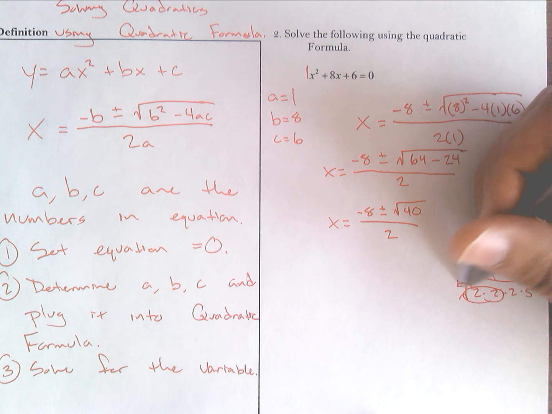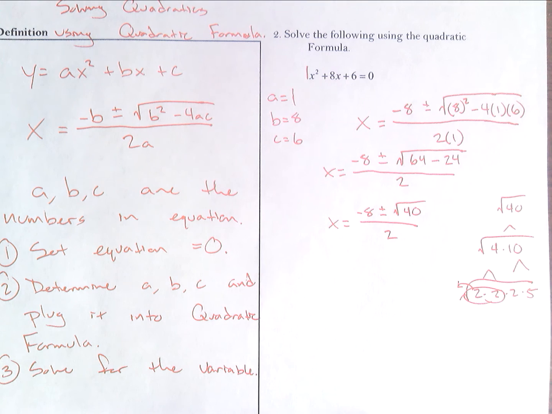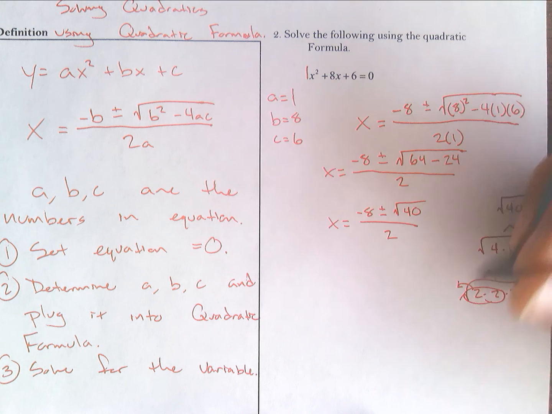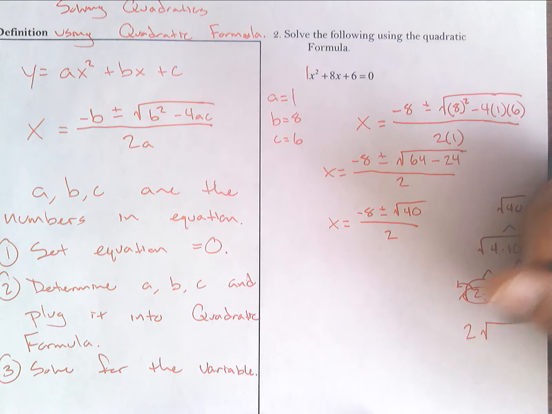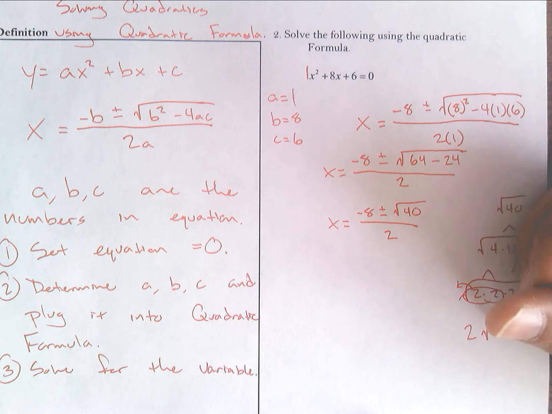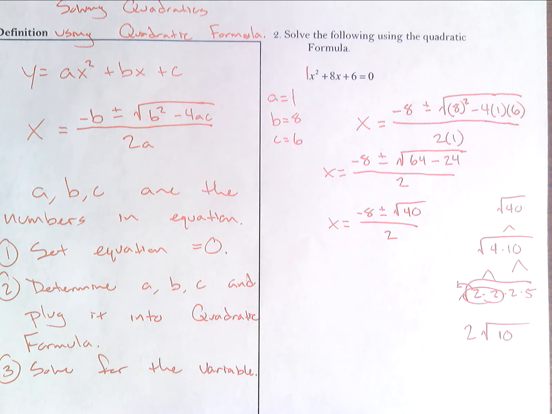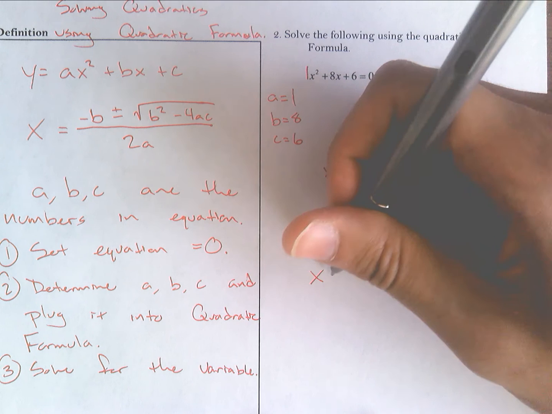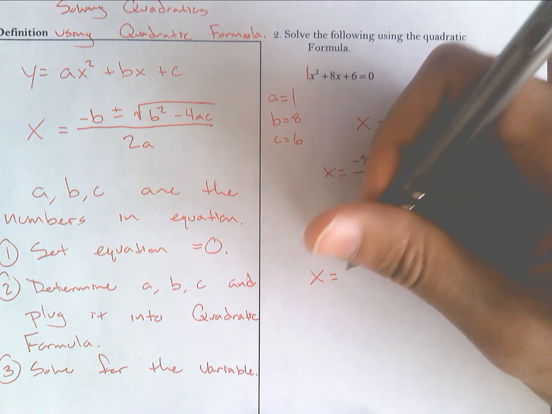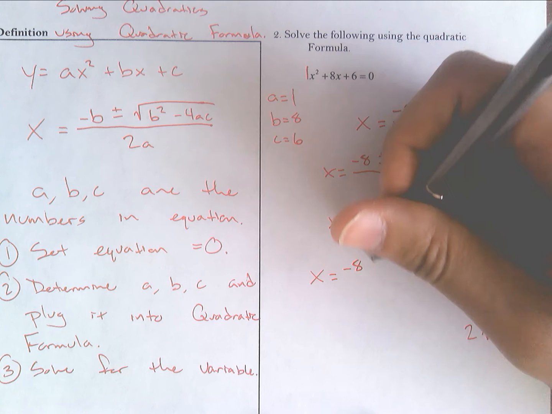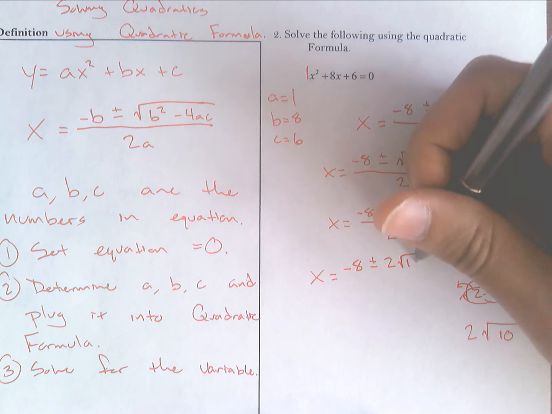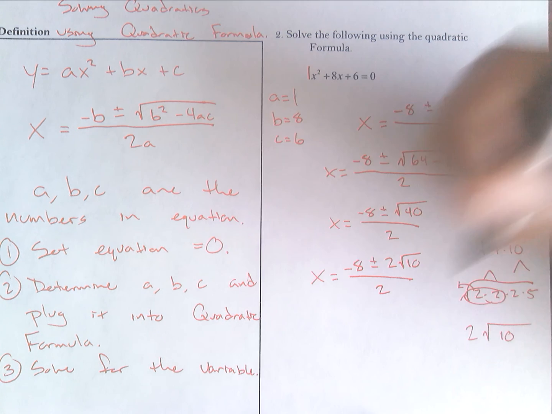So this comes out front, a pair of 2s, and that's it. There's no other pairs. So we've got a 2 out in front, and then what's left inside? 2 times 5. So that gives us 2 root 10. So we can rewrite the square root of 40 as 2 times the square root of 10. So I'm going to go ahead and do that, rewrite it. So we have negative 8 plus or minus 2 root 10, and that's all over 2.